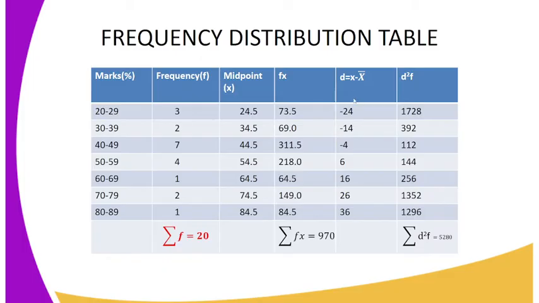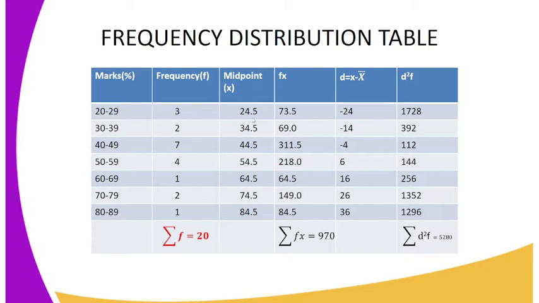Then you come to the deviation. This stands for deviation. How do you calculate deviation? You take the summation of fx, you divide by the summation of f to get the actual mean, and the actual mean which you obtain, you subtract it from x, that is the midpoint.